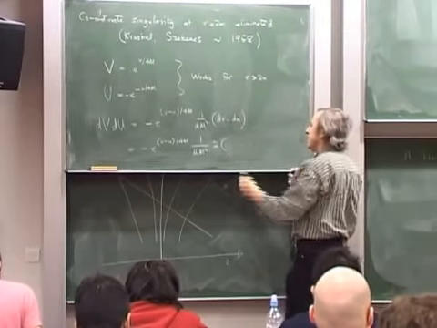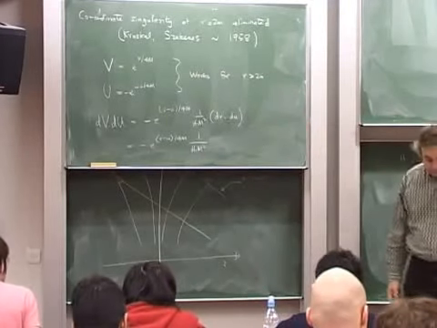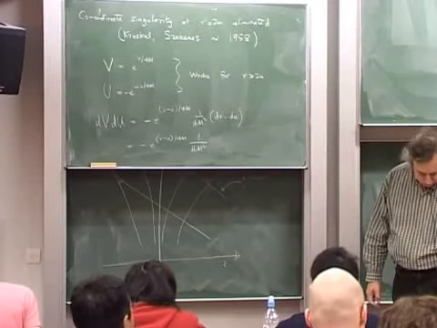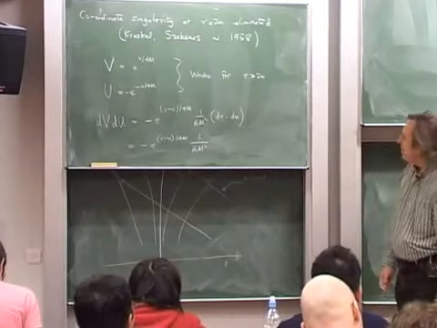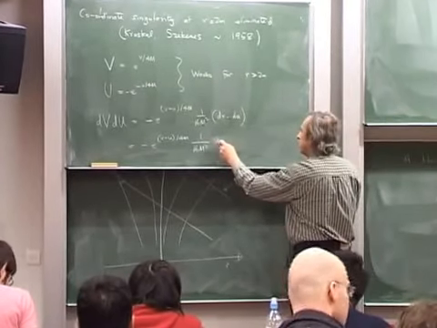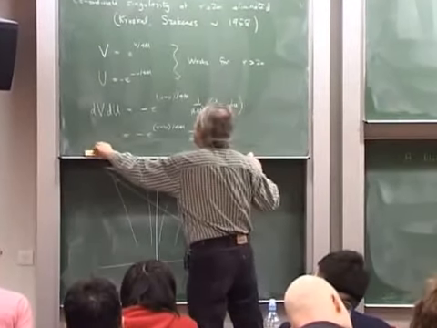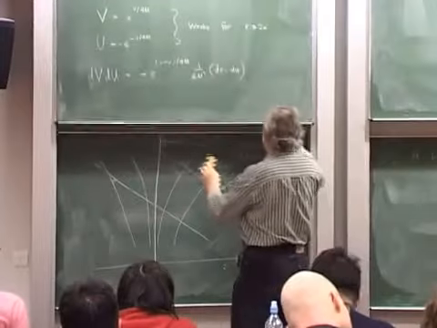I don't know why I said dv minus du. I got no simplification between there and there, so get rid of that.